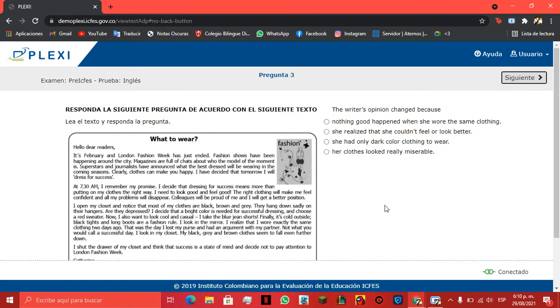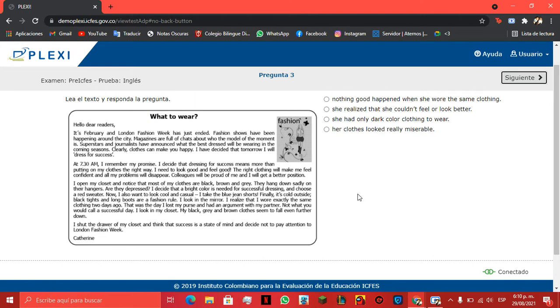The next one says the writer's opinion changed because. So we can see that at the beginning of the text, she was wanting to dress for success, as she called it, but at the end, here it says, decided not to pay attention to London Fashion Week.